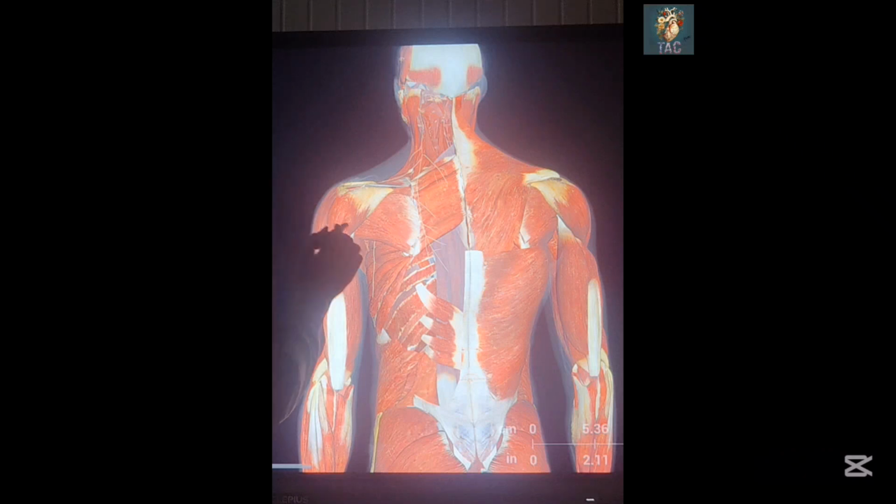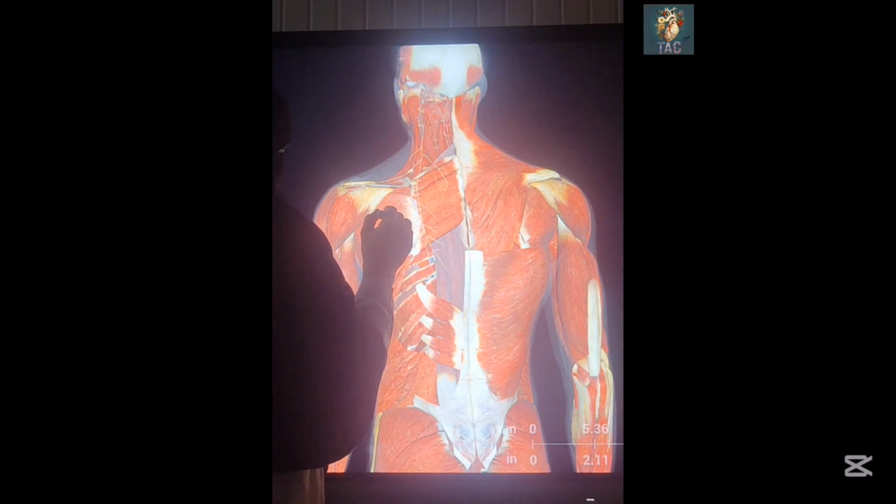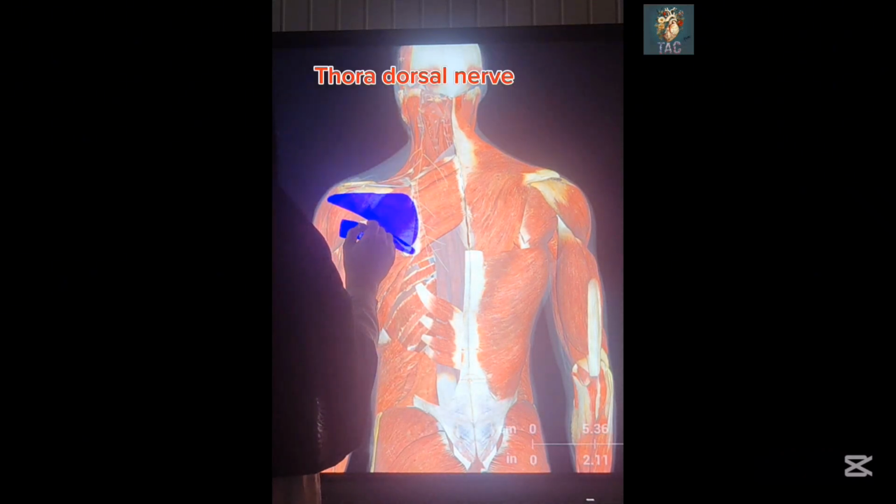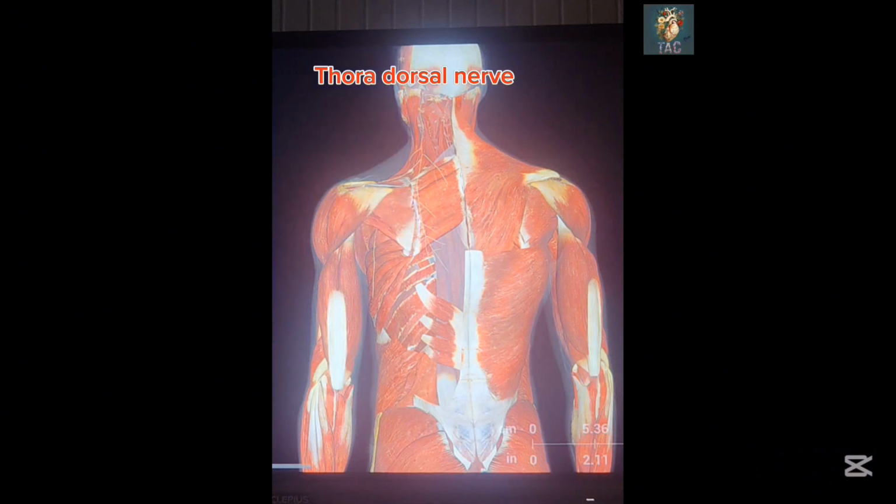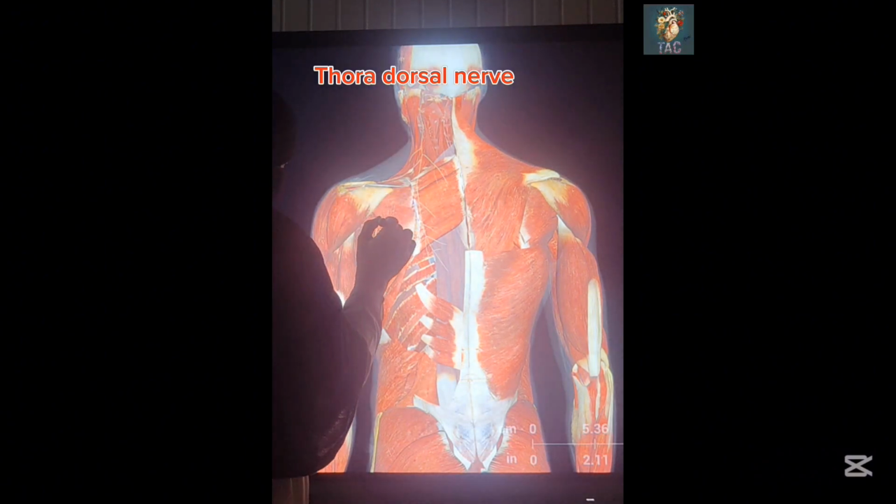Now the nerve which is supplying the latissimus dorsi, I will remove these muscles to show you. Just a minute.